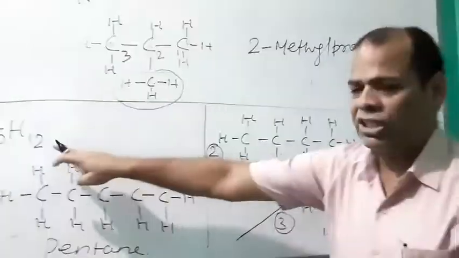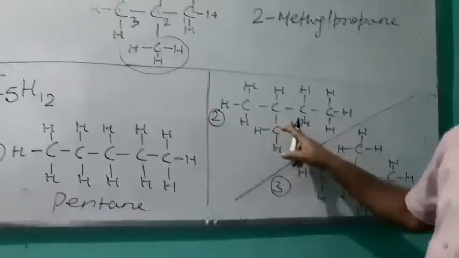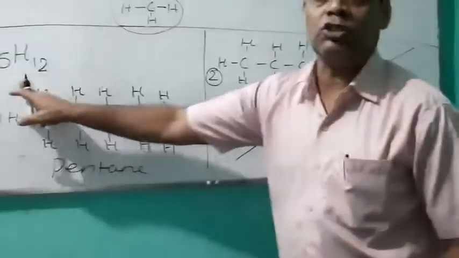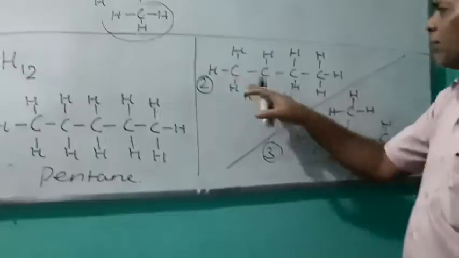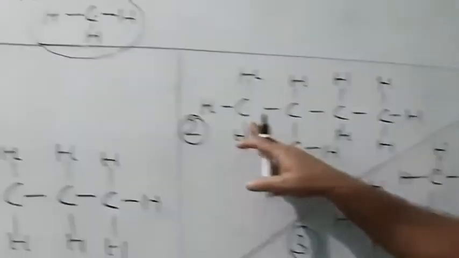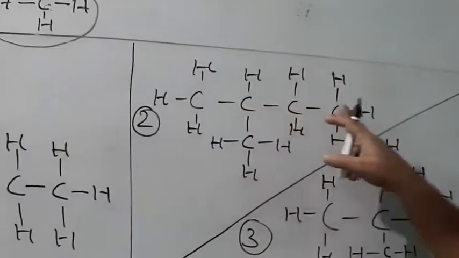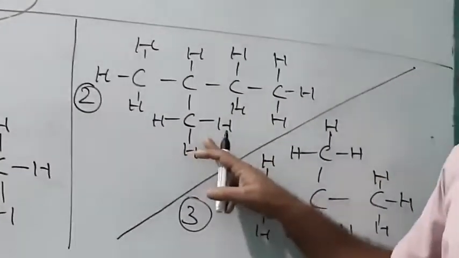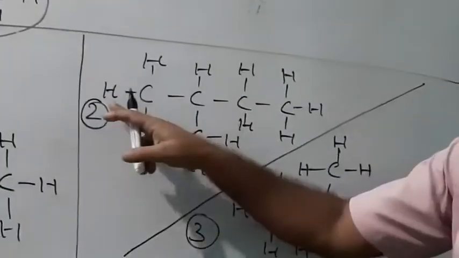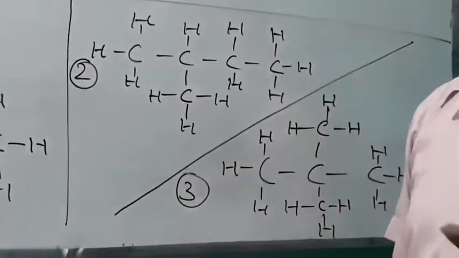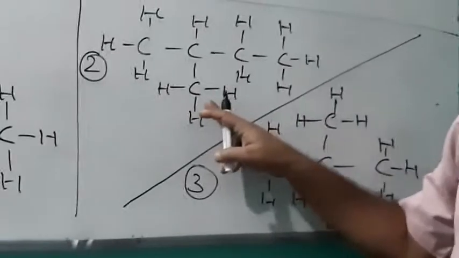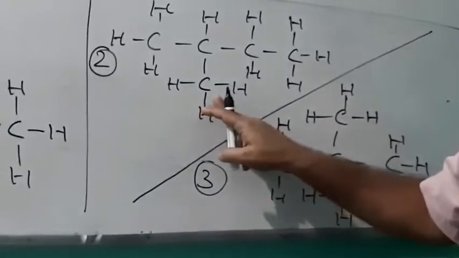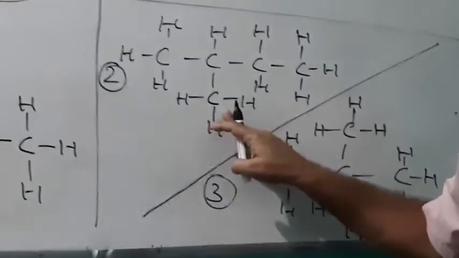The same C5H12 can be written in this manner also. You see, 1, 2, 3, 4: four carbons are in a straight chain, and the fifth carbon is connected in the form of a branch.